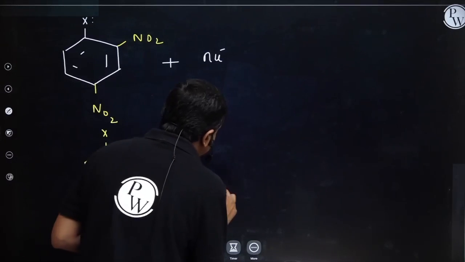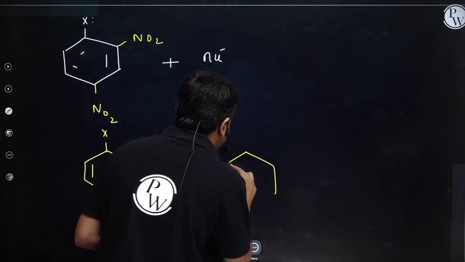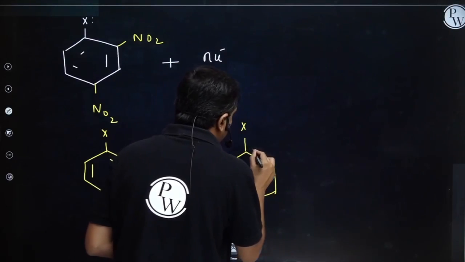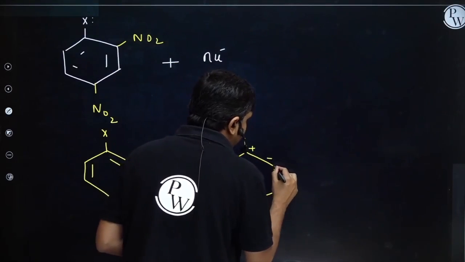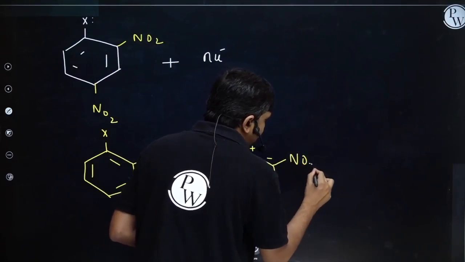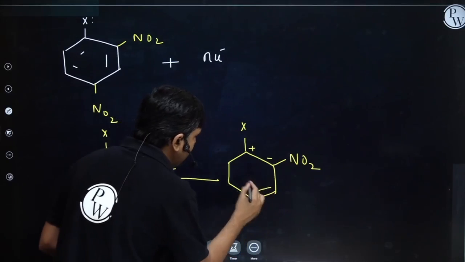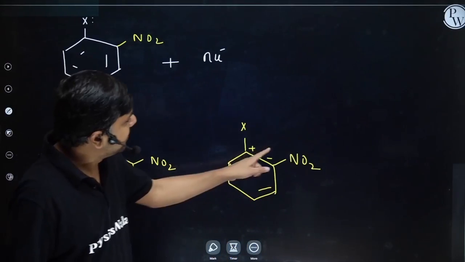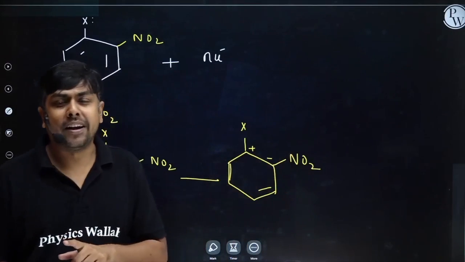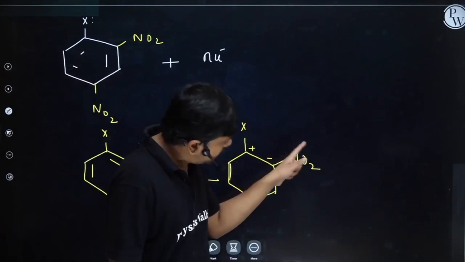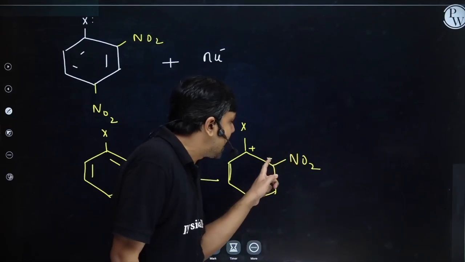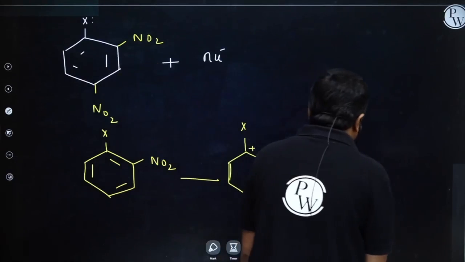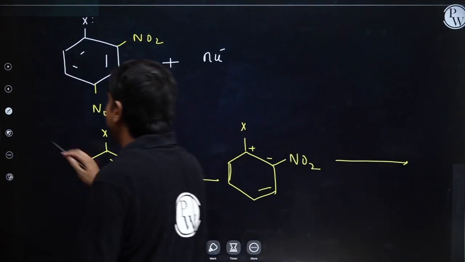So I will have this one, positive charge on this halogen, negative charge on this nitro group, right? And double bond, double bond. I hope it is crystal clear why this electron withdrawing group is mandatory. Basically, this electron withdrawing group will stabilize the carbanion. Am I clear? Student, in the next step, what will happen now?